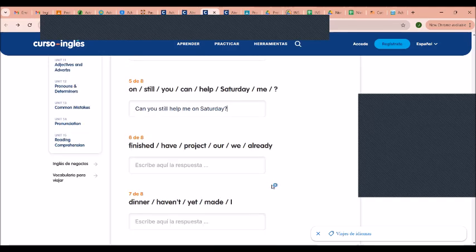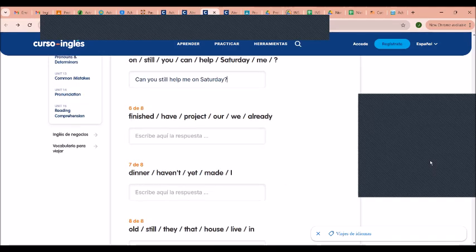Good. Now we have already in a sentence. How would we make this sentence? Can you hear me? Yes, I can. Maybe we have finished already our project. Now look at our sentence.